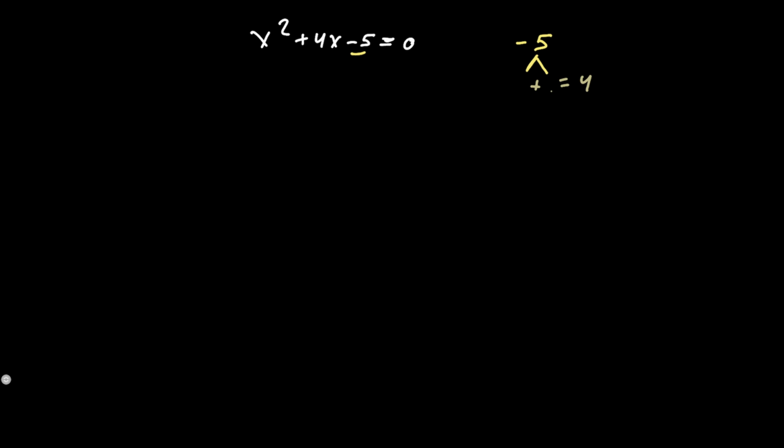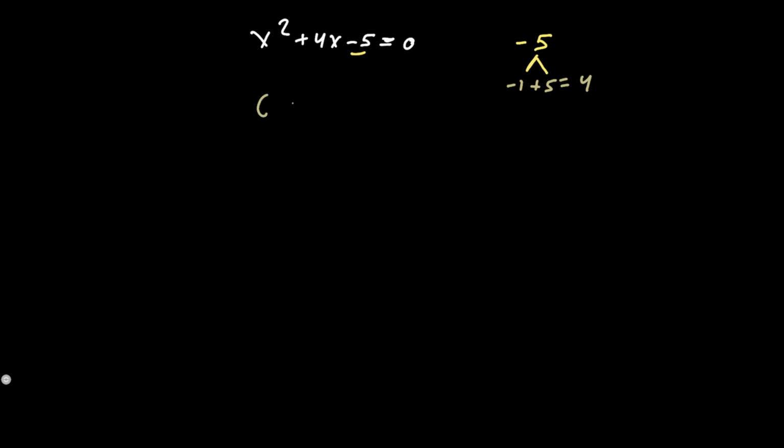Here, we just check and guess, and after finding a few values, we would see that -1 plus 5 works, because -1 times 5 is equal to -5, and 5 minus 1 is equal to 4.